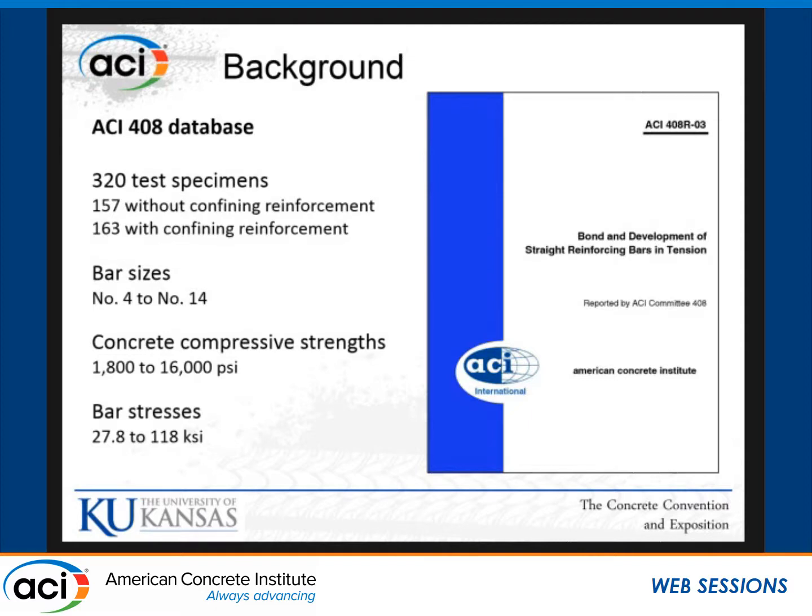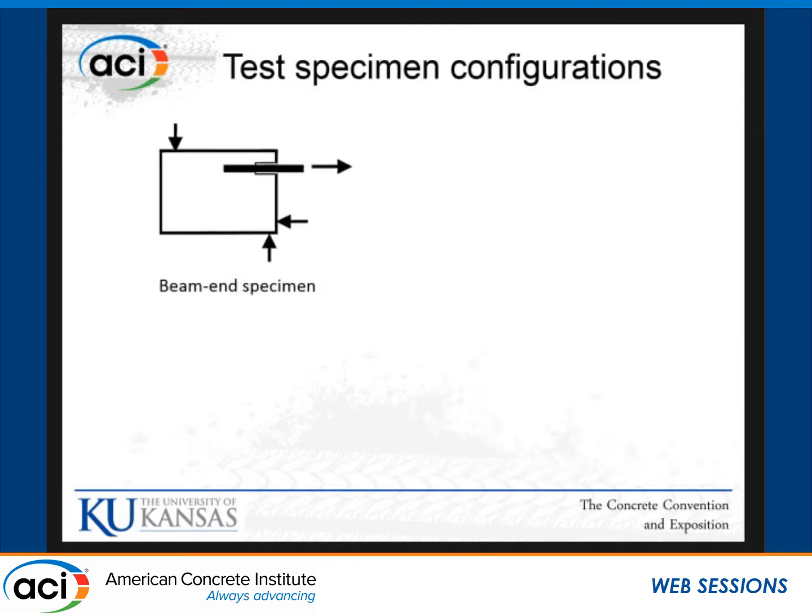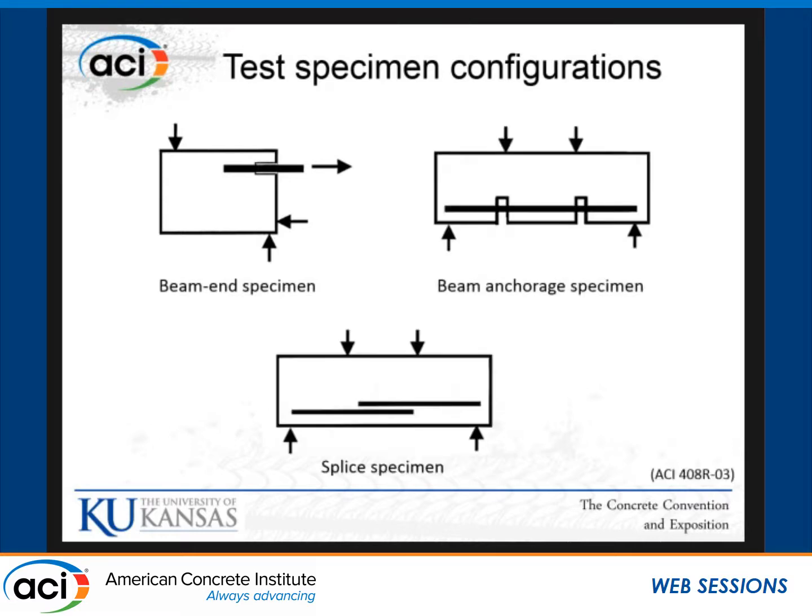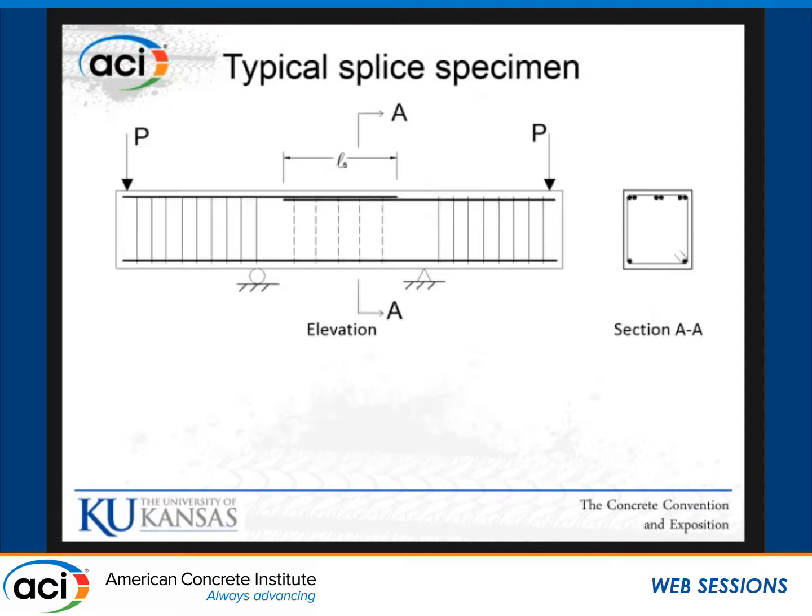The ACI 408 database consisted of beam end specimens, beam anchor specimens, and splice specimens. The bulk part of the ACI 408 database were splice specimens. This figure is showing a typical splice specimen that was tested.